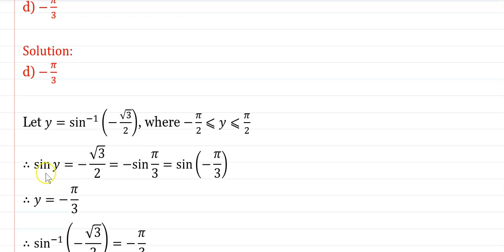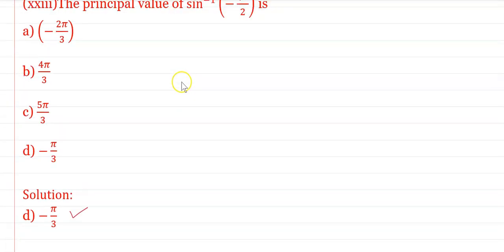Therefore, sine of y is equal to minus root 3 by 2, that is minus sine of pi by 3, since sine of minus theta is equal to minus sine theta. And hence the answer is y equal to minus pi by 3. Therefore, the option D is the correct one.